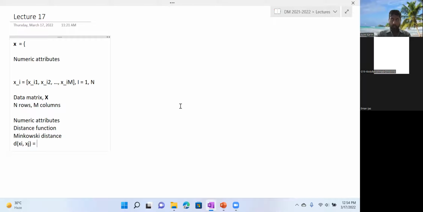So we have the summation over all the features k, and so we have the absolute value of x_ik minus x_jk raised to the power of p, in brackets, then raised to the power of 1 over p.